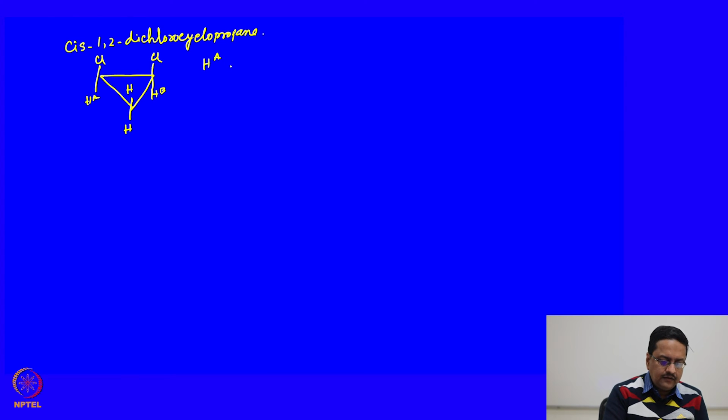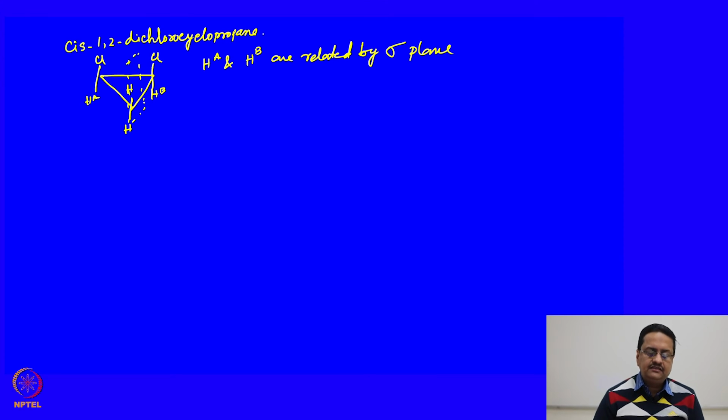This HA and HB are related by a sigma plane, that is the plane which bisects the molecule in this perpendicular direction. Therefore, HA and HB are enantiotopic.